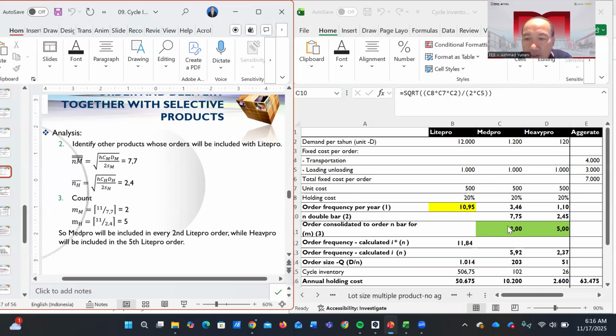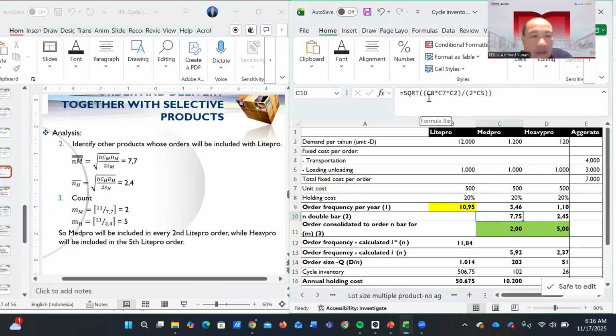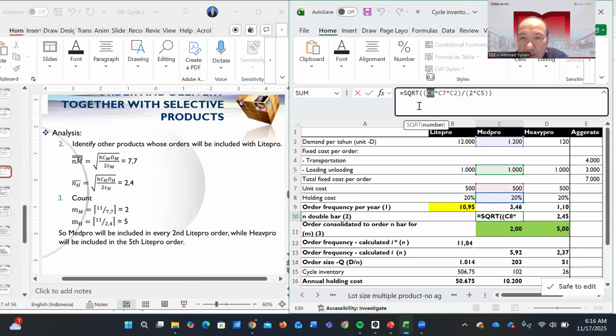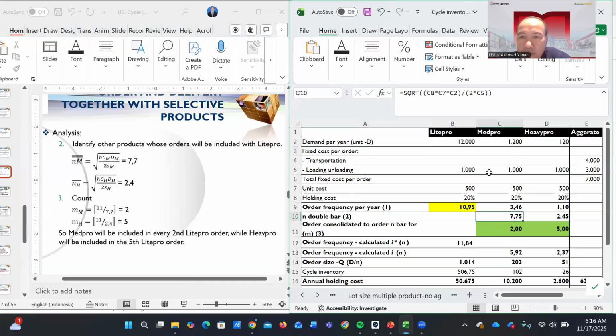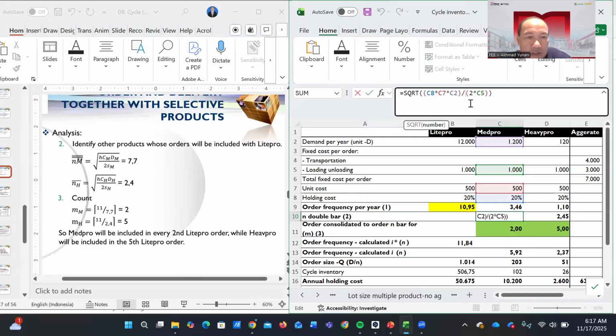Okay, here. Little h, 20% times the unit cost of the Mac Pro times demand for Mac Pro, and then divided by 2 times SM.